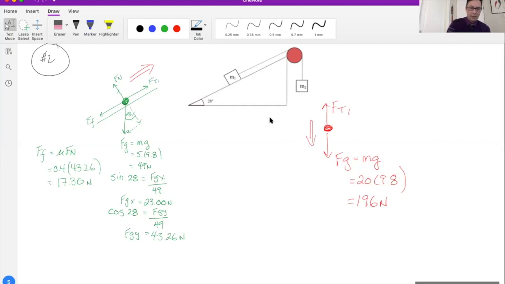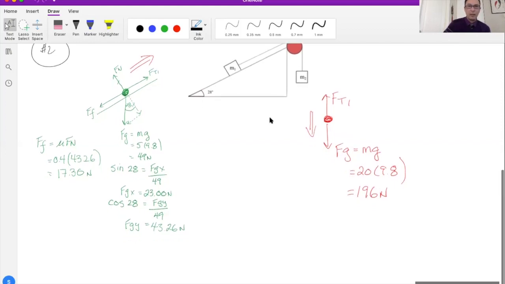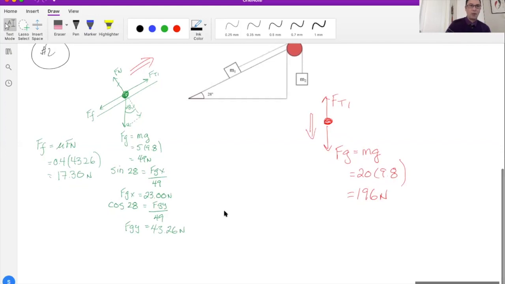Our first step then, as usual, is to calculate the overall net force on the whole system. So here we go. F net for the system is equal to forces supporting minus forces opposed. The supporting forces in this case will be force of tension 1 on object 1, and force of gravity on object 2.